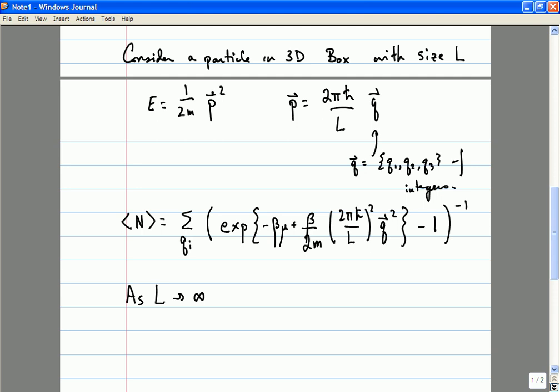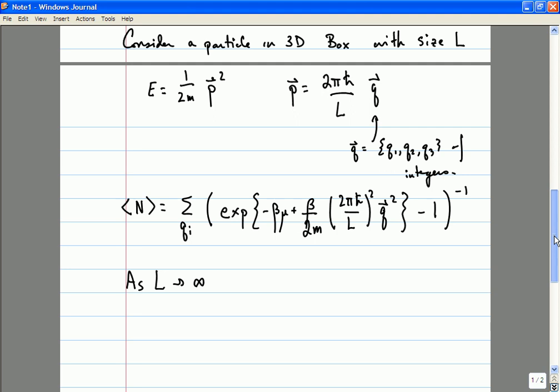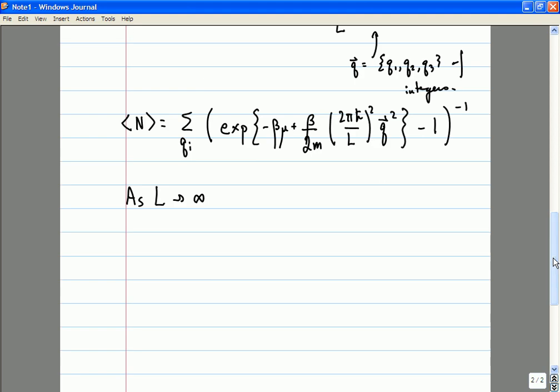Once you have it as an integral, well, you just perform the integral. Obviously, one way to do that would be to go to radial coordinates in the three-dimensional q space, because the integrand only depends on the length of the vector q. And then you're left with some complicated version of a one-dimensional integral over the radius q. And I'm just going to tell you what the answer to that integral is.